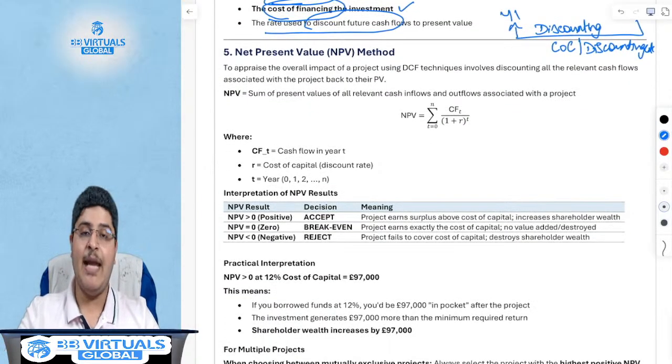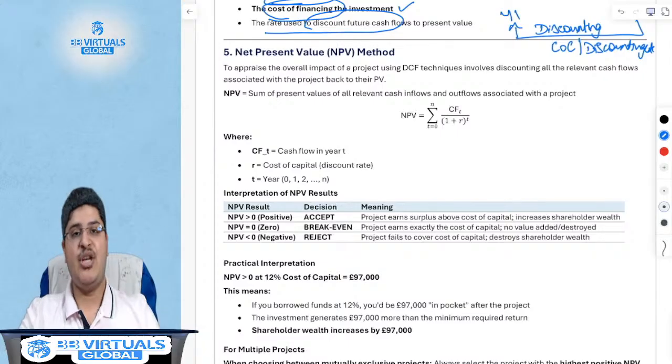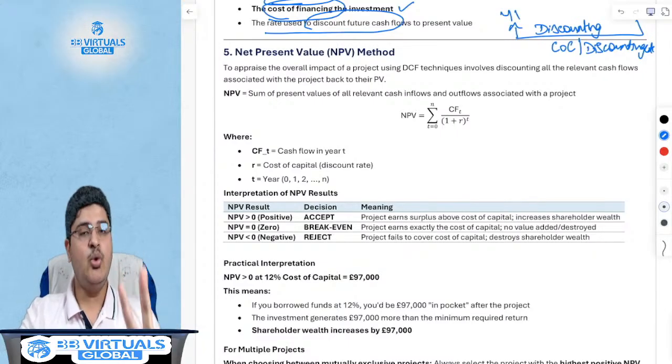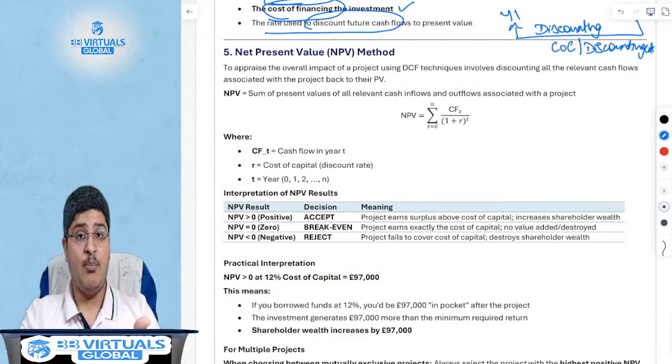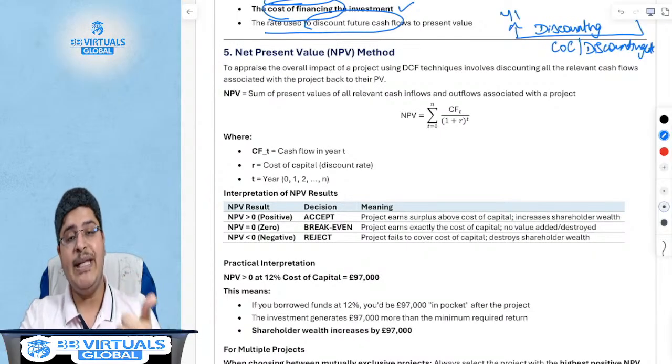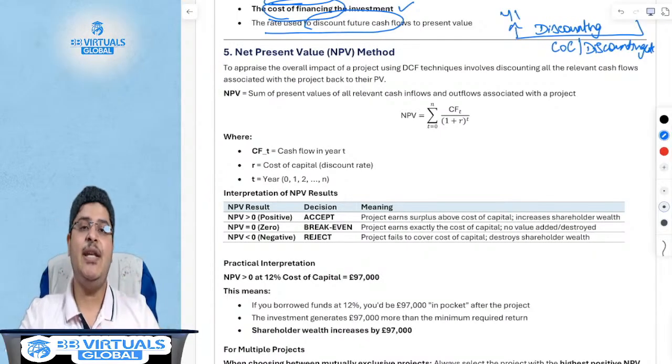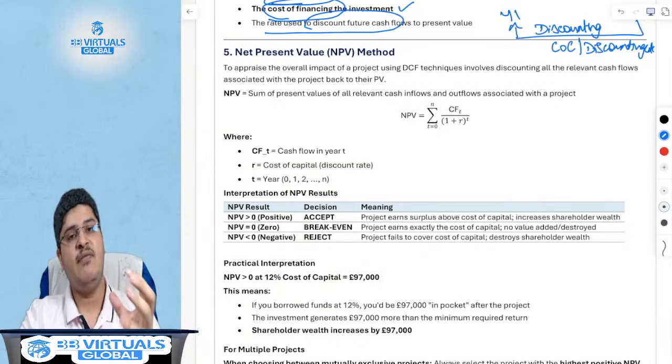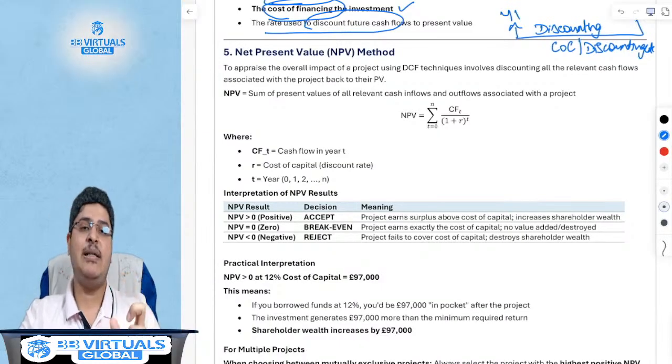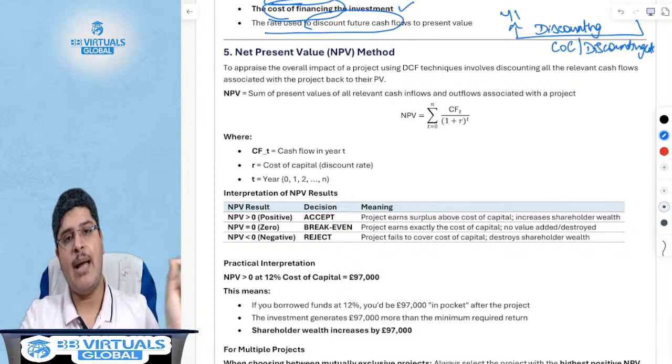Let us go to the NPV method. In the past chapter, again, we had studied two concepts of evaluating investments. One concept was return on capital employed, where we use the accounting profit versus the initial capital or the average investment that we had made. That percentage is nothing but the return on capital employed.